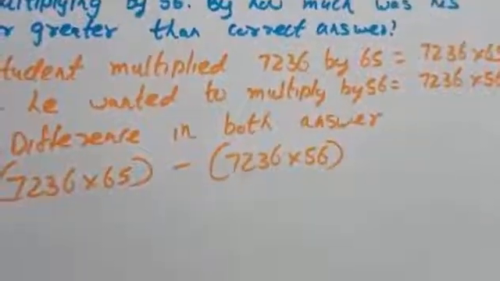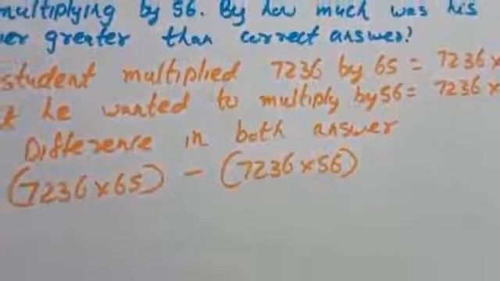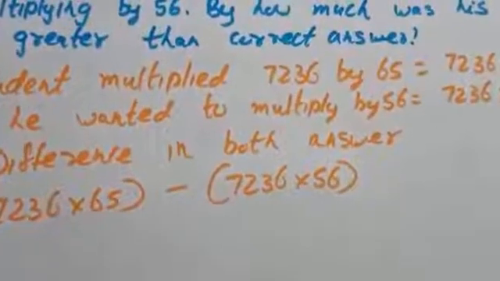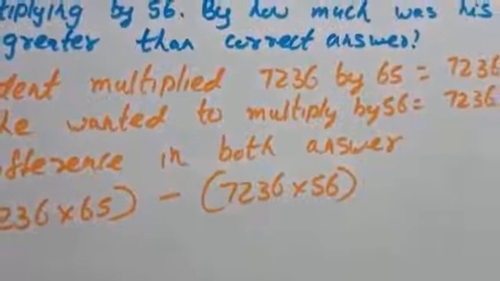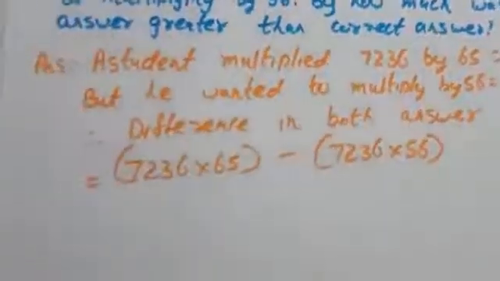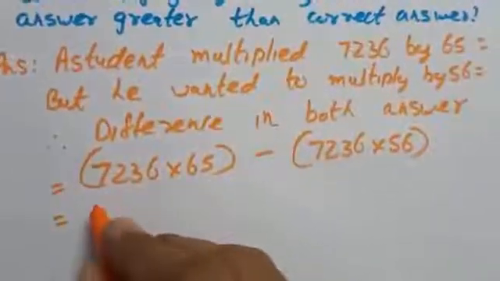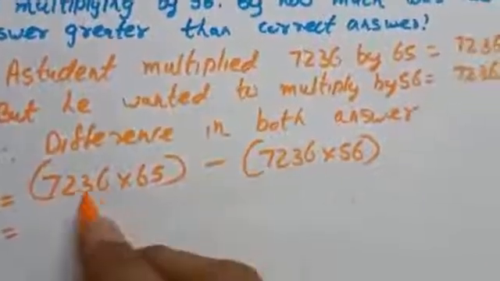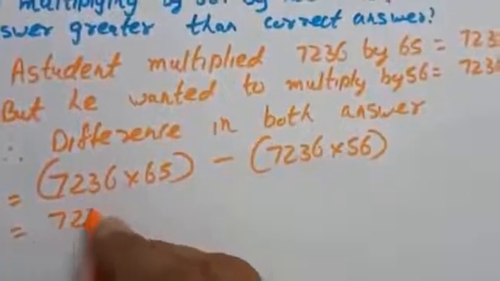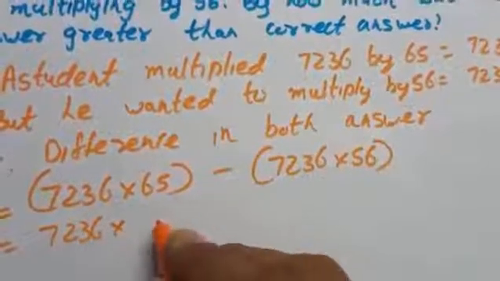Or there is another method: you multiply 7236 by 65 separately, then you multiply 7236 by 56 separately, then you subtract. But using this property it will be easier. Now in both these terms, what is common? 7236 and multiply is common.